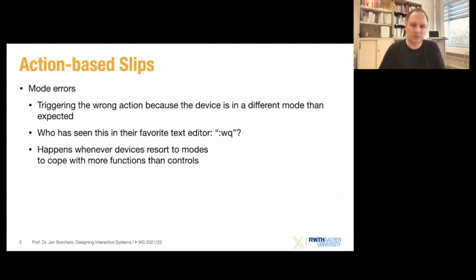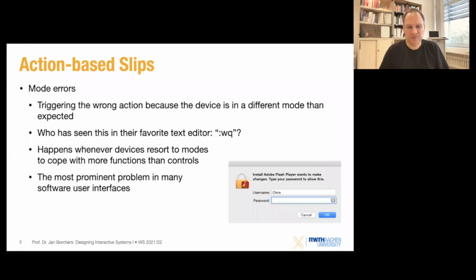This often happens when systems try to put more functions into the system than you have controls available in the interface, and that's when you typically end up in modes. But also, when Siri or Alexa asks you something back, say you said "drive me to Bob" and it says "which Bob?", at that point it expects a particular name and it's not expecting normal commands. So that's also a mode, and a mistake can easily happen that way too. As I said, mode errors are the most prominent ones in many software user interfaces.